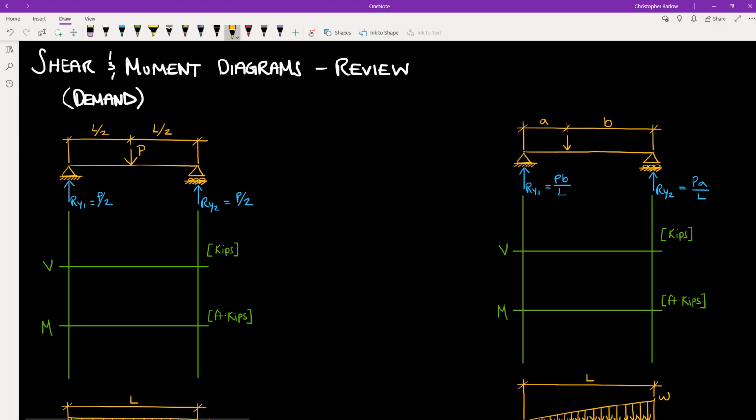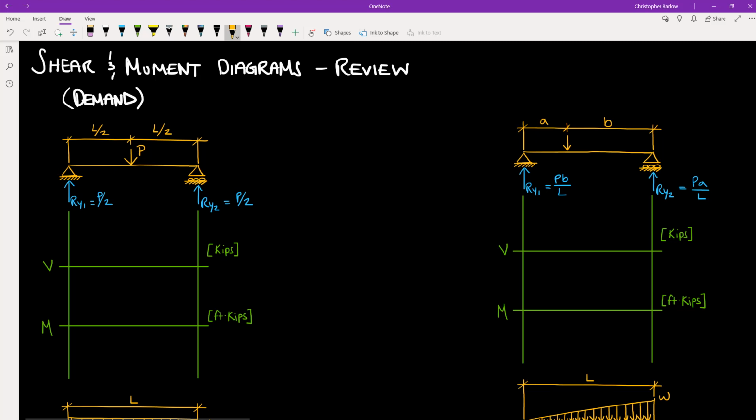The x-axis represents the position along the length of the member, and the y-axis represents the magnitude of the force inside the member. We will use these graphs to identify the maximum amount of internal force in our members so that we can quantify a demand for the member. Once we have our demand load, we can design a beam that has sufficient capacity to meet or exceed that demand.